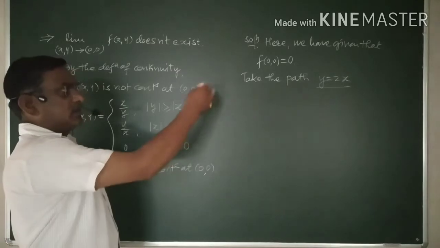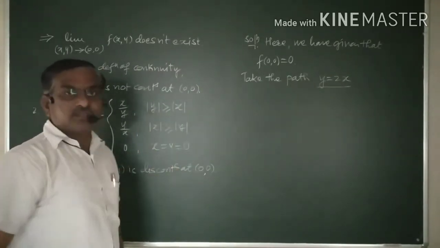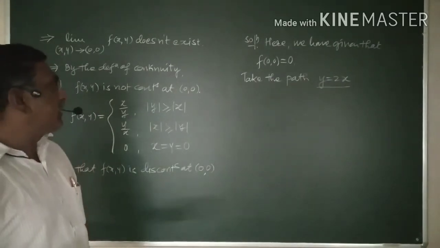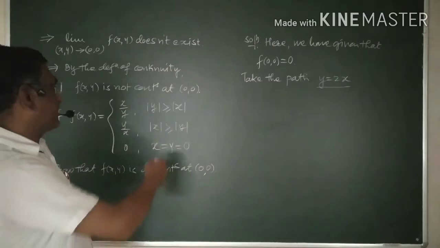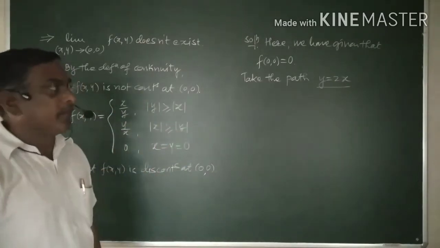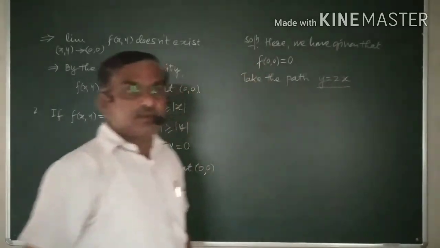Then and only then will the path be suitable for this example. Otherwise, we will not get anything for this example. Therefore, if I take a path y is equal to 2x, then what happens?